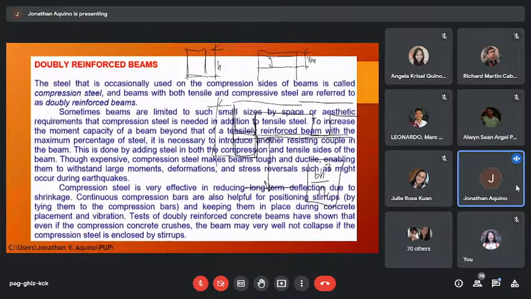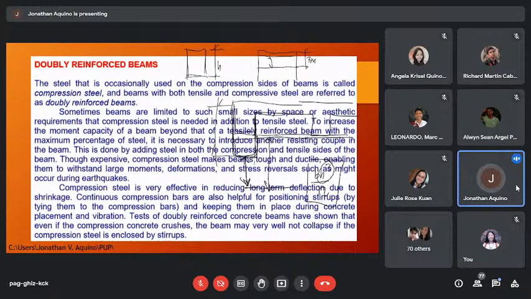So, directly proportional yung moment capacity sa cube ng height natin. Okay? So, pag masyadong ginawa mo efficient yung beam mo, ma-sacrifice naman yung clear floor to ceiling height mo. Masyadong mababa na siya. Okay?